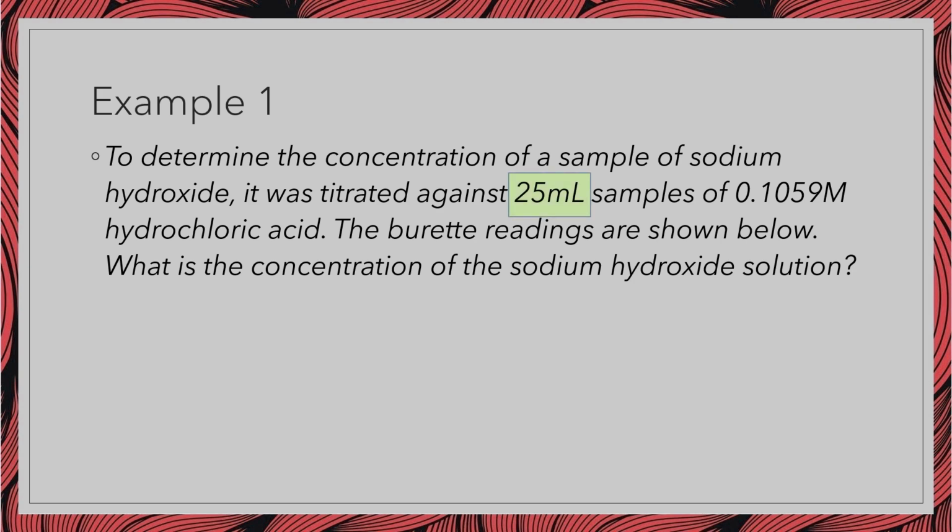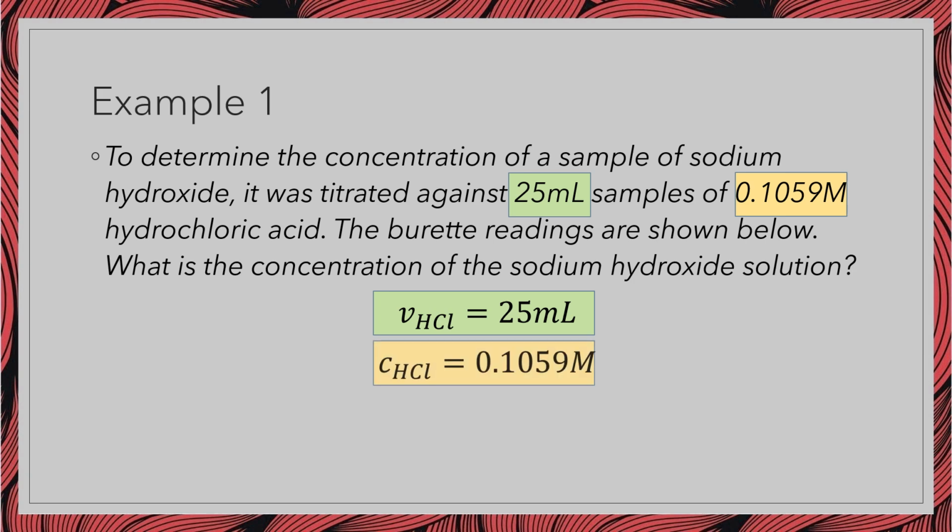So to determine the concentration of sample of sodium hydroxide is titrated against 25 mil samples of 0.1059 molar hydrochloric acid. So that tells us 2 things. It tells us the volume of HCl, which is 25 mils, and it also tells us the concentration of HCl, which is 0.1059 moles per liter.